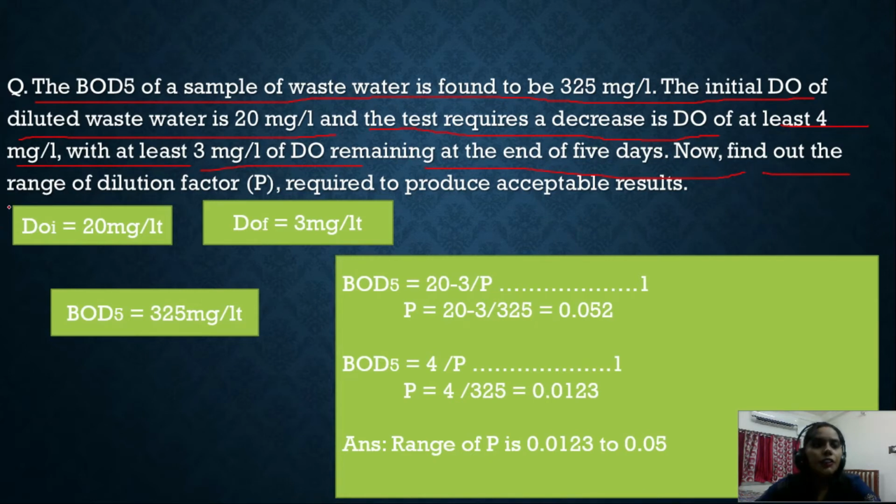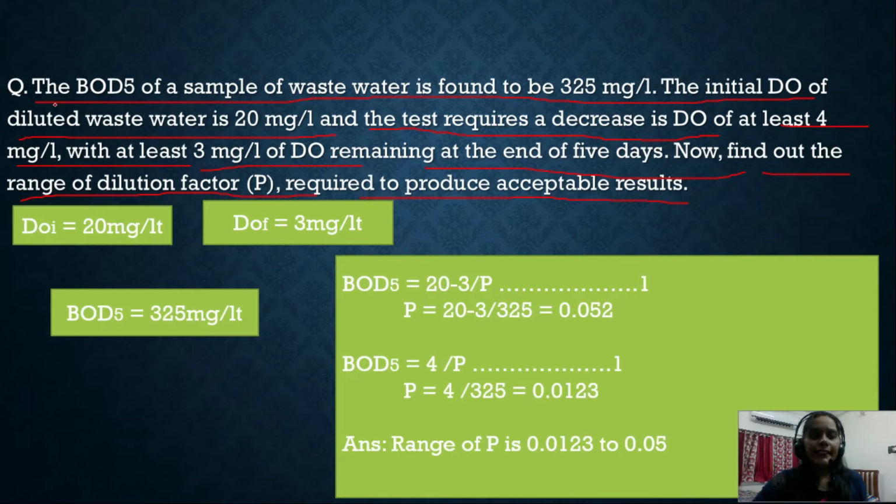Now find out the range of dilution factor required to produce the acceptable results. There are so many data given, so first of all, one by one we will see what data are given.